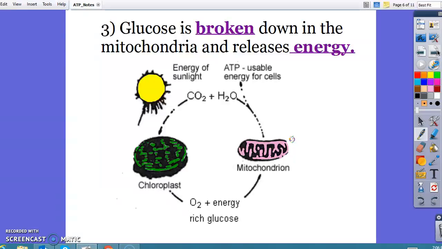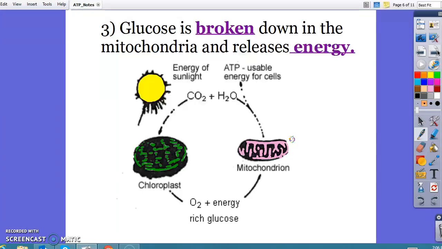So we have already gone through this. Once glucose goes into the mitochondria, it is broken down. In fact, let's review. The first part, when glucose goes into the cell and it's broken down, is known as glycolysis, and that produces, or I'm going to give you another word, fulfills 2 ATP units. And I'll explain what I mean by fulfills.